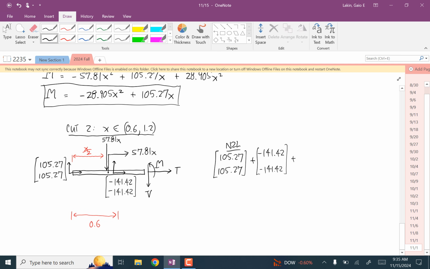And then we have 57.81x, negative 57.81x, plus T, negative V is equal to zero.